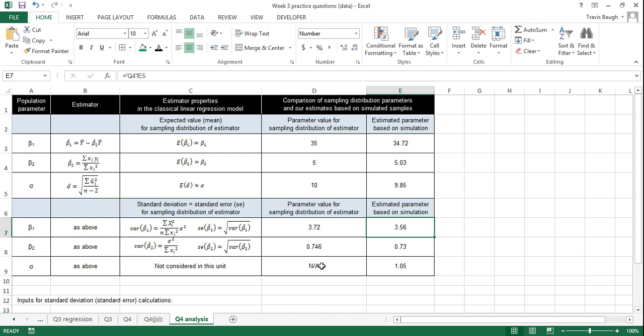So what we have effectively shown is that these estimators for the standard deviation or standard error seem to be reasonable in the context of the simulation that we just did. Their credibility is enhanced by us doing this exercise, at least in my mind and hopefully yours. Okay, I says use the histogram tool in Excel to produce a histogram for your estimates of B2.